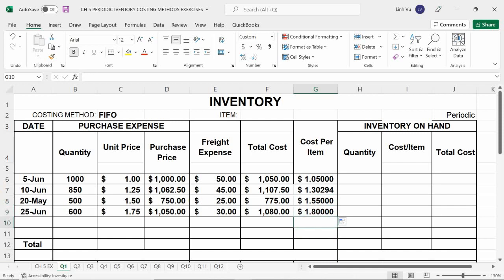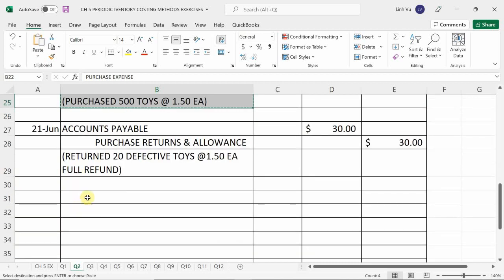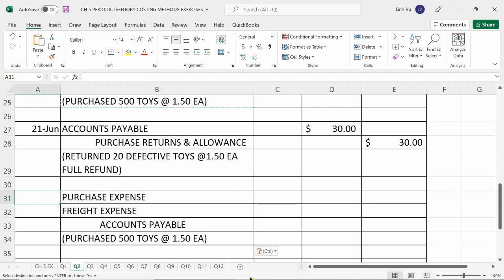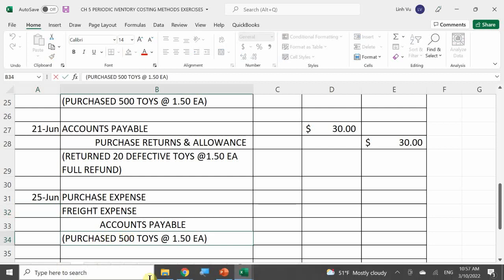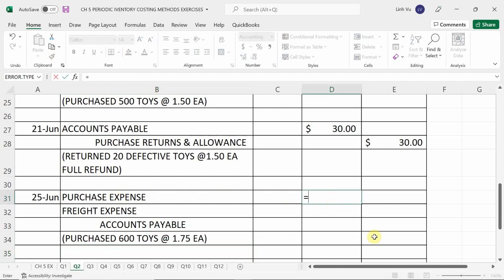Good. And let's journalize this. 600 units.